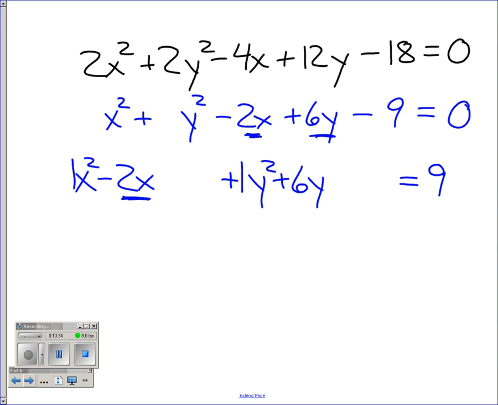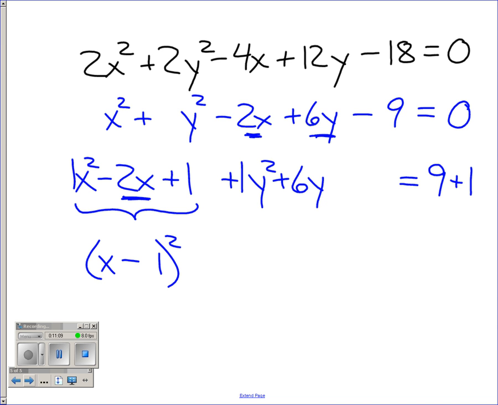So negative 1, that's the half, squared is plus 1. So I'm going to add 1 right here. And what I've done is I've made this a perfect square trinomial. This we can write as x minus 1 squared, right? We did this in Algebra 2. But since I've added 1 over here on the left-hand side, I've got to do it over here on the right-hand side. I got to balance the equation. I'm adding the same thing to both sides.